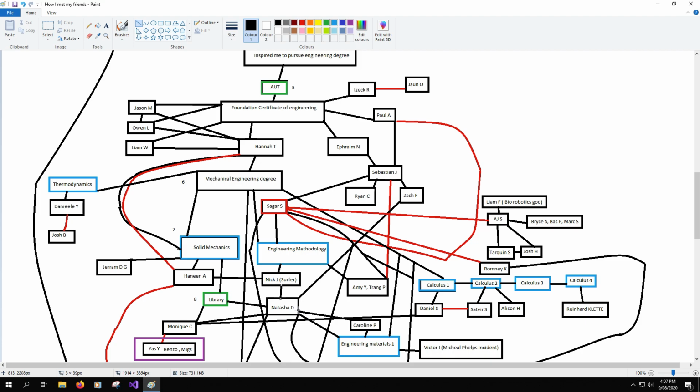Now, Natasha D is friends with Caroline P, but I actually met Caroline in Engineering Materials 1. All these blue boxes are linked back to the mechanical engineering degree.